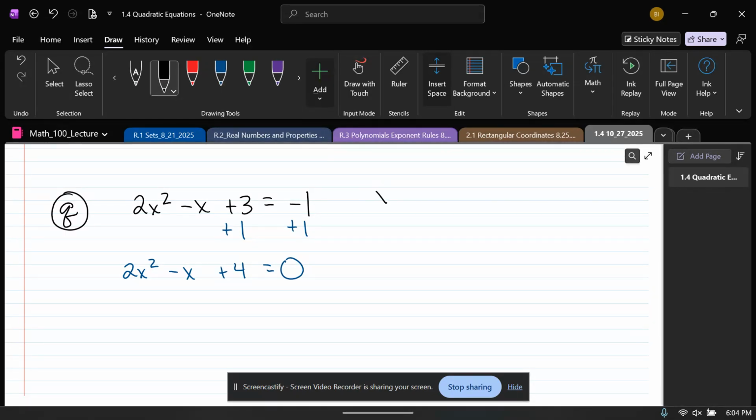Which, remember, quadratic formula: x equals -b plus or minus the radical of b squared minus 4ac, divided by 2a. I lost my voice there.